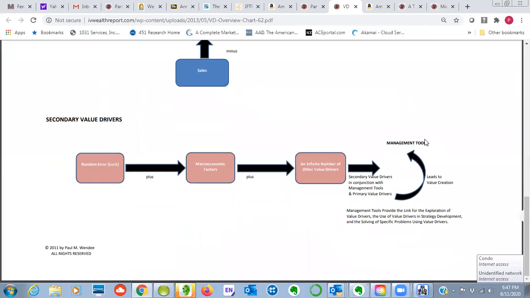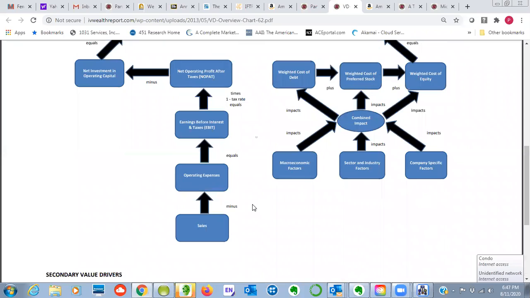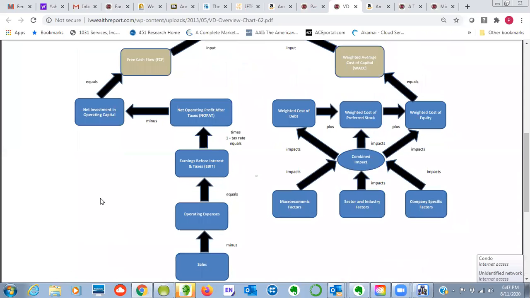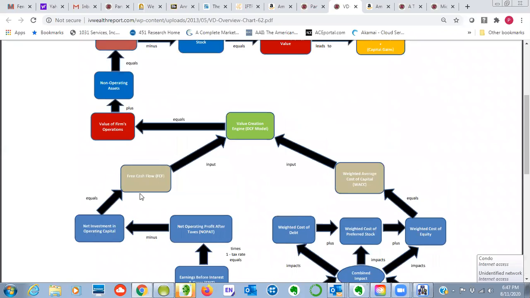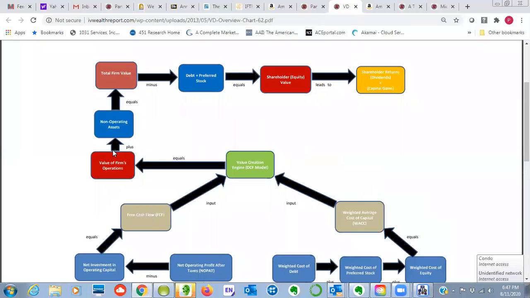So in the discovery process, we're looking at the value drivers that are available to the firm and the management tools that are available to us, and we're starting to consider what we do in this chain of events, these value driver chains, which is going to create the free cash flows that we discount using the weighted average cost of capital, the WACC. That ultimately leads, through the discounting process, to the intrinsic value, and then ultimately to shareholder value.